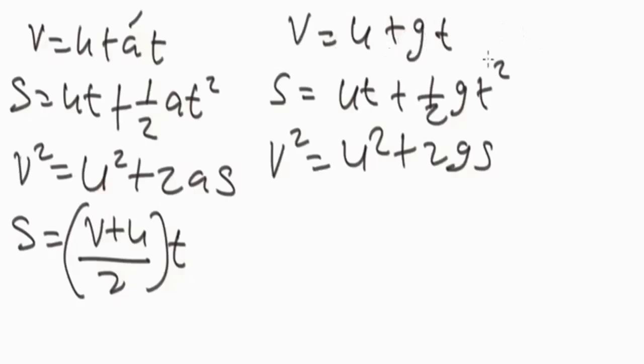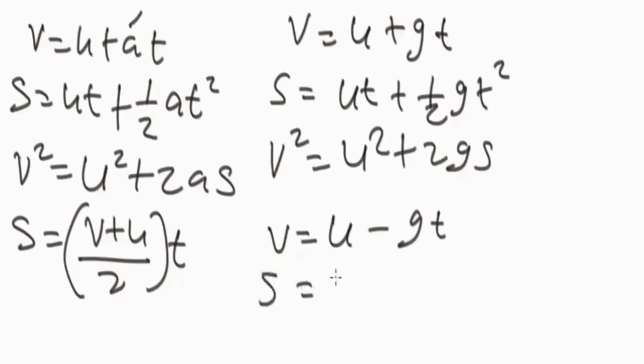Now these equations are for when the motion is responding to gravity, for instance when a body is falling down or when an object is thrown down. But when an object is thrown up or something is moving up, it's going against gravity. The equation of motion will be v equals u minus gt, because this minus signifies that it's going against gravity.